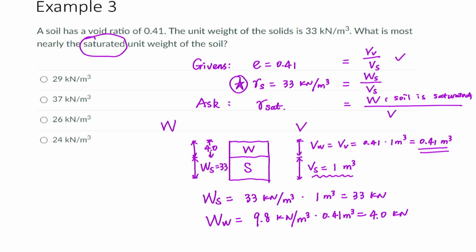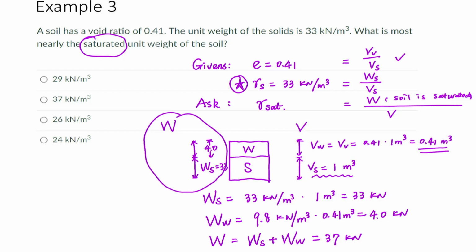So we have 4.0 on top for the water, and 33 kilonewton for the solid. The total weight, which is the summation of the weight of the solid and the weight of the water, is about 37 kilonewton. Now we have the total weight and the total volume.